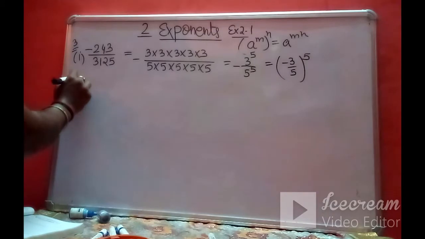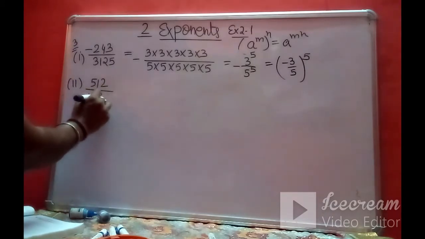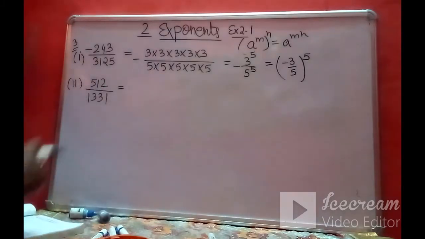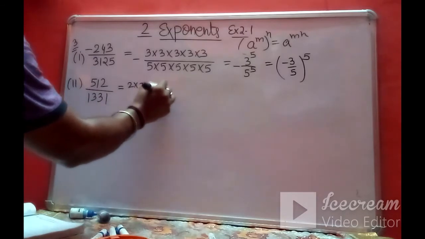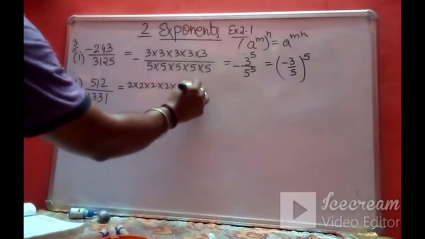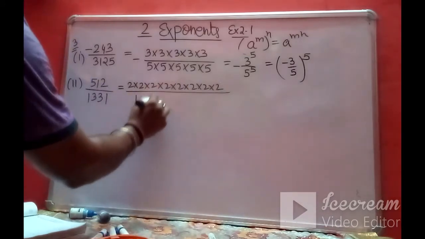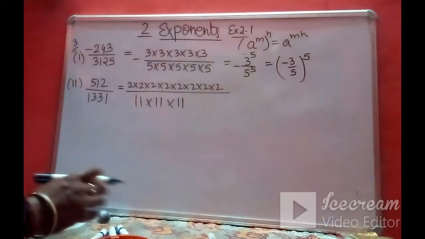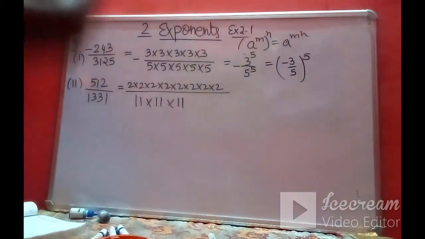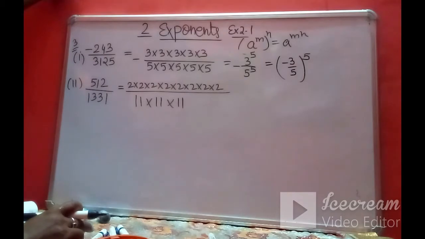Then suppose you have a fraction like this, 512 upon 1331. Now when you do the prime factorization of this, you will get, and the prime factorization of 1331 is 11 into 11 into 11, as we know 1331 is the cube of 11. Now you just see, we will try to make this form. How do we try to make this form?